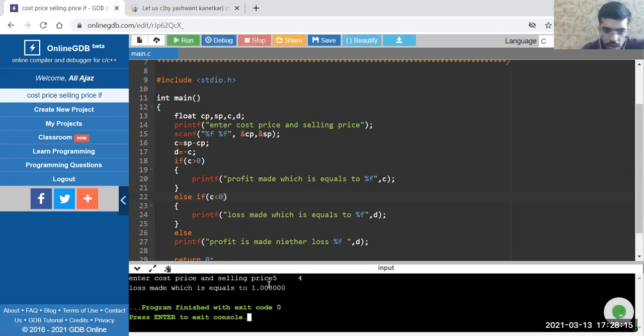And here we go, loss made equals 1. I had reloaded, so that's why the program wasn't stored at the moment. So we just make a quick change and then refresh it.